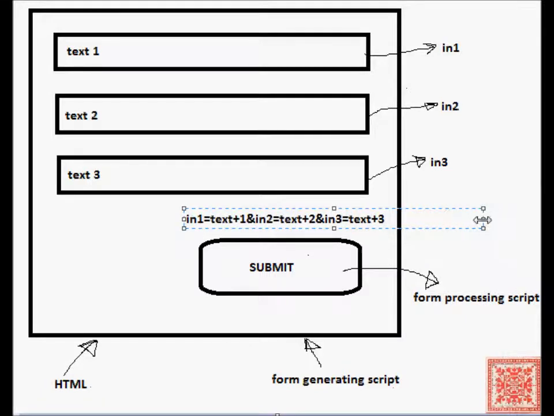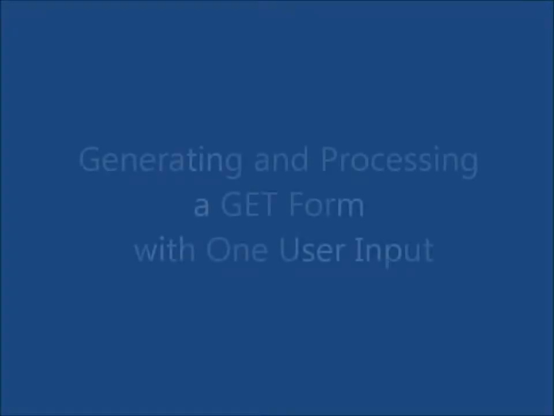Then the second name value pair will be in2 equals text plus 2. Again, space is replaced with plus. This is the CGI form processing protocol convention. And then the third will be in3 equals text plus 3. And this is the query string that will be submitted to the form processing script.